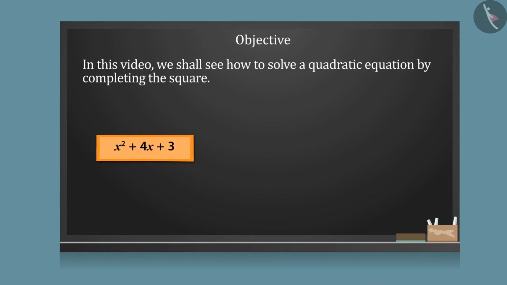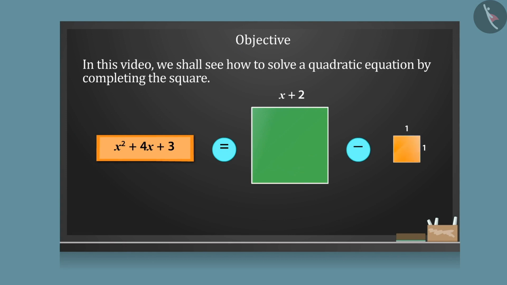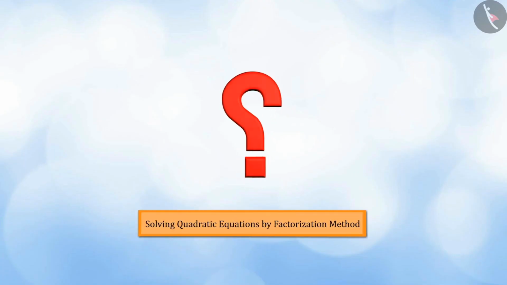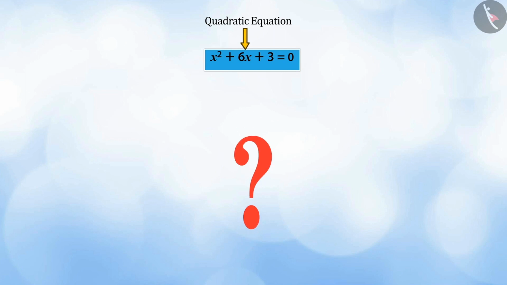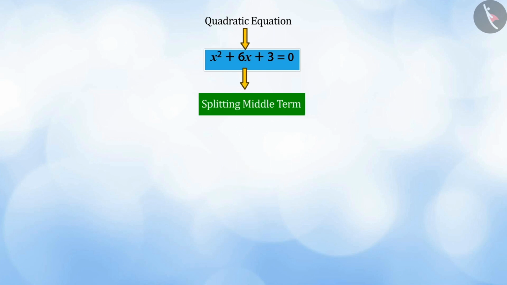In this video, we shall see how to solve a quadratic equation by completing the square. Can you solve a quadratic equation using the factorization method? For example, here we are given a quadratic equation. Can you solve this equation using the splitting the middle term method?